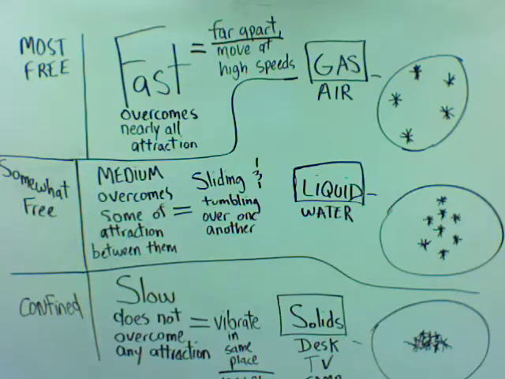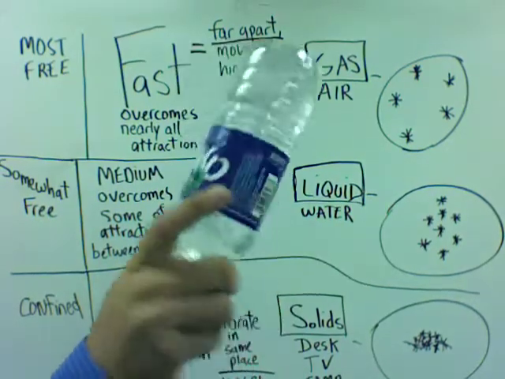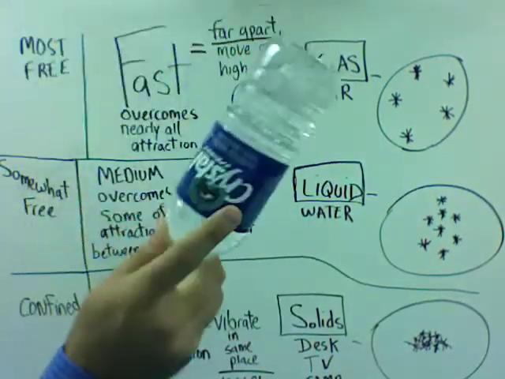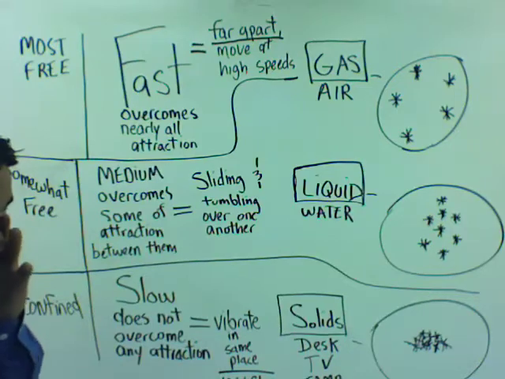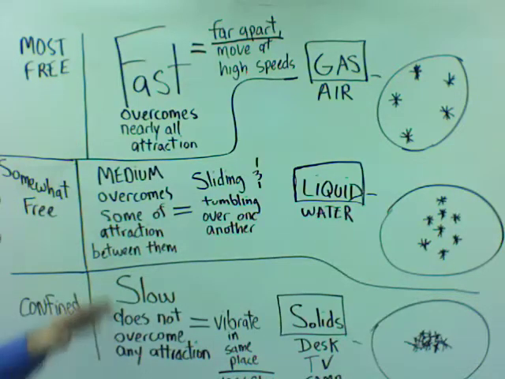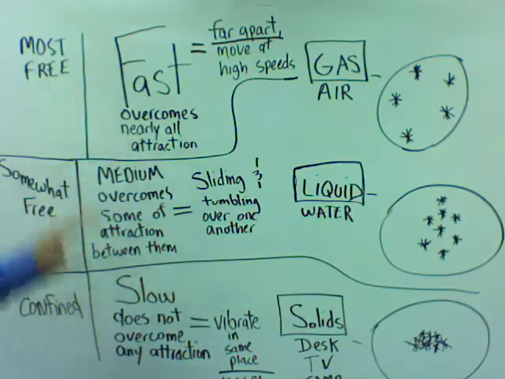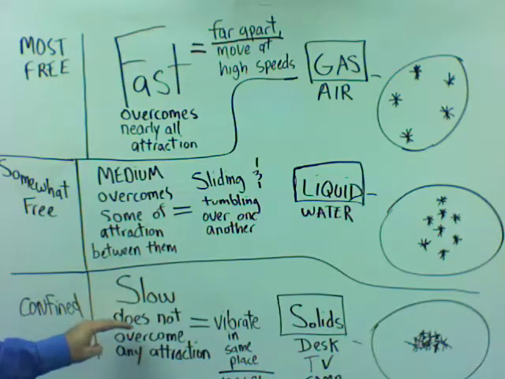Secondly, we have liquids. Now, particles in a liquid are somewhat free. Like we said, the water in this bottle takes whatever shape I put the water in. These particles in water, they don't move as fast as gas, and they're not as slow as solids.